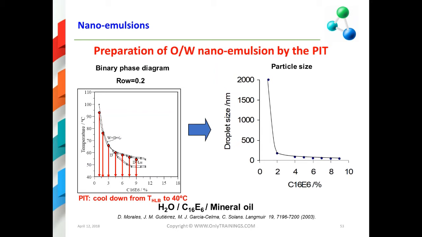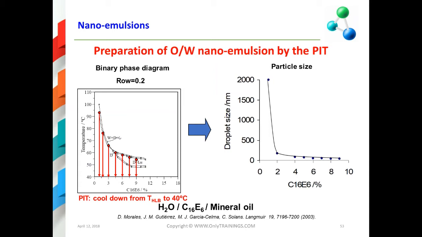A three-phase equilibrium formed by water, microemulsion and oil was obtained at surfactant concentration between 1 and 4%, and ranging from 60 to 100 degrees Celsius. This three-phase region is shifted to higher temperature as surfactant concentration decreases, as we can see.